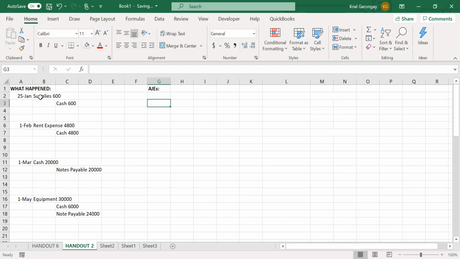The reason we recorded these transactions before doing the adjusting journal entries is to give you a better overview of what's going on. For the adjusting journal entries, we're going to do it by the order of the transaction.